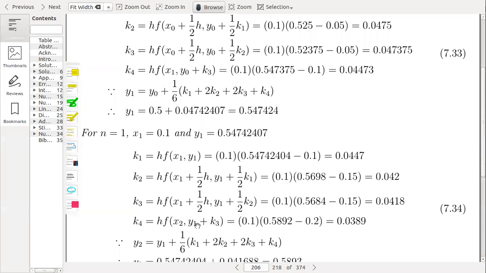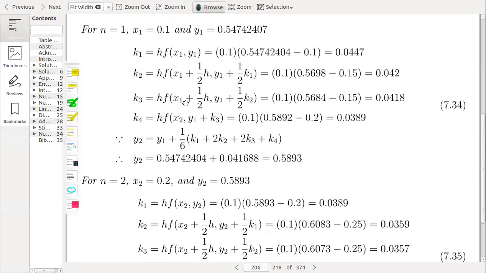Similarly for k4 we have h f of x2, y1 plus k3, which is 0.1 into 0.5892 minus 0.2, equal to 0.0389.